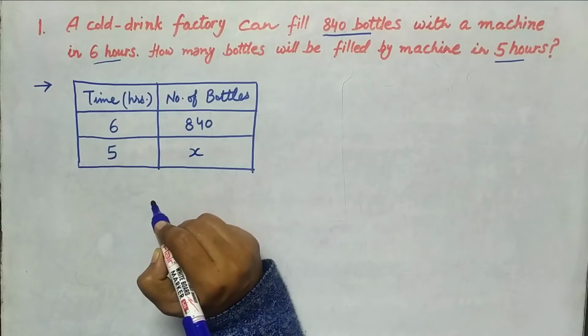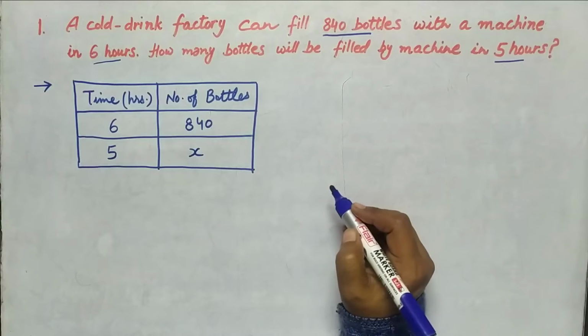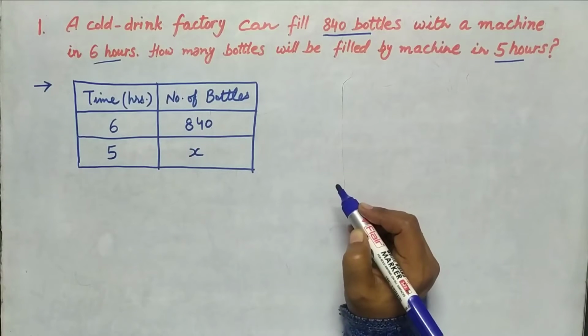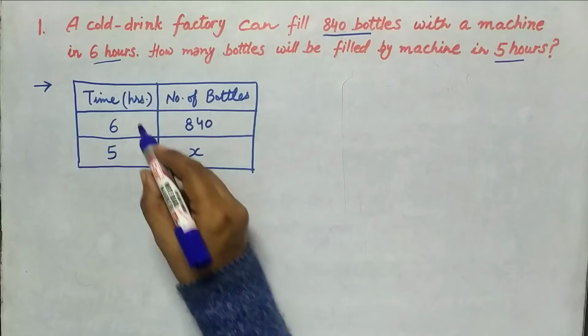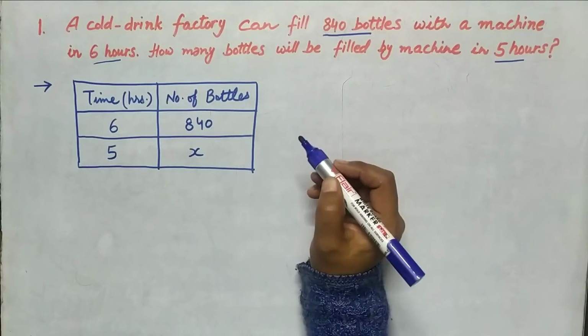Now recall the previous video. There what we did for the direct variation sums? Yes, we divided these two column values.